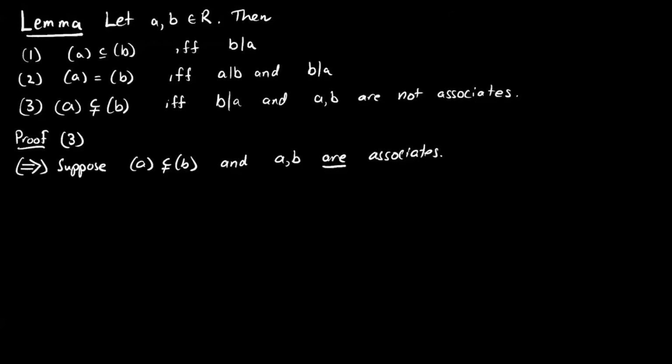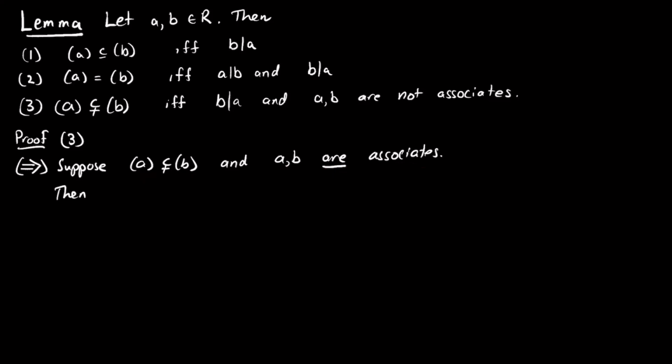We'll go in the forward direction first. I'll suppose that the ideal generated by A is a proper subset of the ideal generated by B, and for contradiction, I'll suppose that A and B are associates. The idea being that I know that if A is in the ideal generated by B, then B divides A, so we'll assume that A and B are associates. Well, what does that tell me?